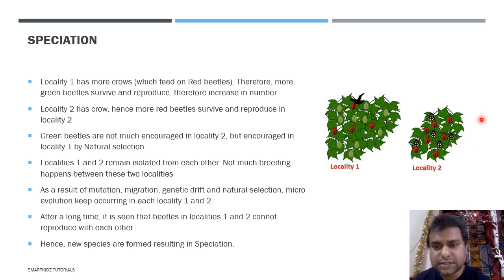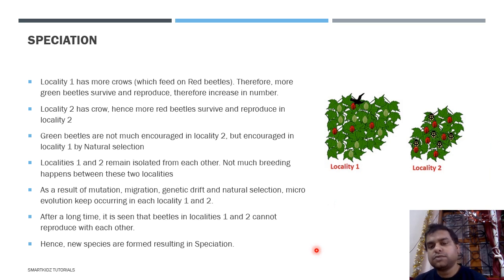In the second location, locality 2 may have one or two crows or no crows at all. As a result, the red beetles will survive and reproduce in locality 2.